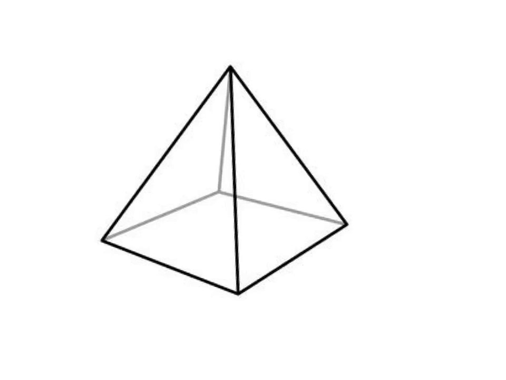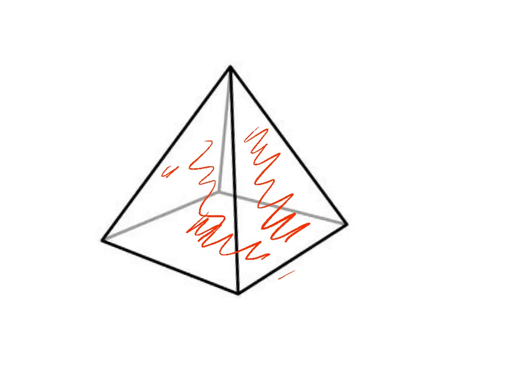If we look at the faces, you can see that there's 1 here, there's 1 on the bottom here, this one here, this one on the other side, and then the one on that side. So if we were to count them up, it's 1, 2, 3, 4 faces.